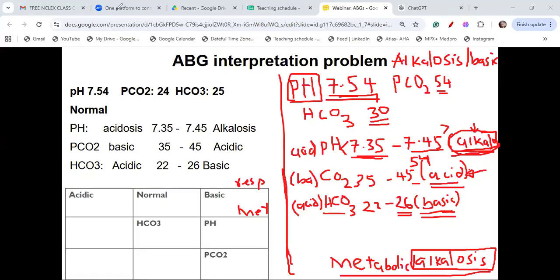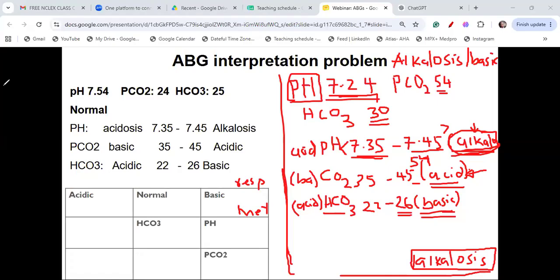If I change this pH to 7.24, this name will change.